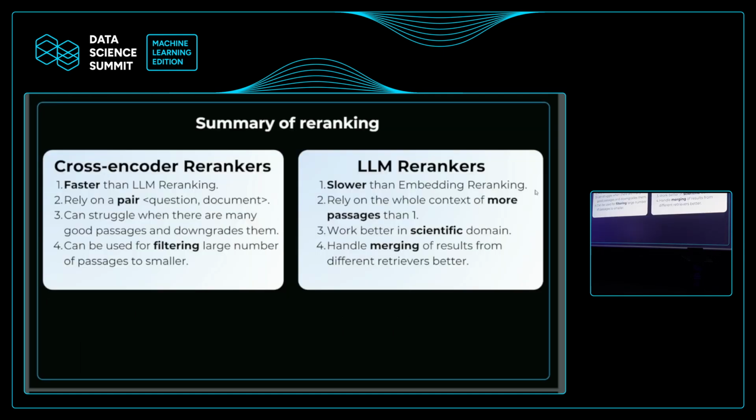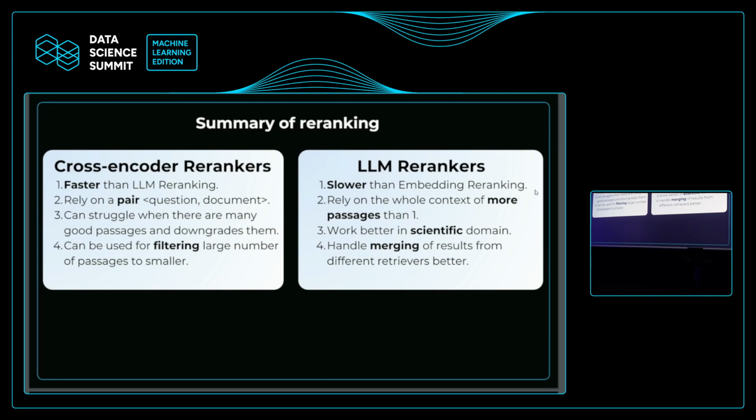To sum up, we have two distinct classes of re-rankers, one being the cross encoders that take only a part of the question and the document, and they achieve a very good performance actually, with having a relatively low latency.